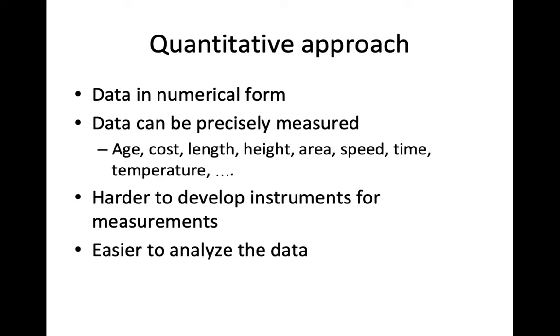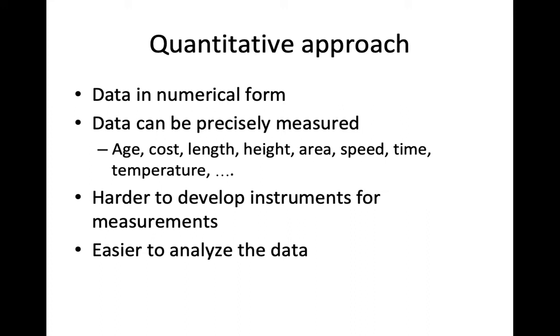We have seen that we can collect qualitative or quantitative data, and we have seen when discussing research strategies that usually even the whole research is classified as qualitative or quantitative based on the data collected. That's why let's look at the data we will have if we adopt quantitative approach. We will usually have data in numerical form.